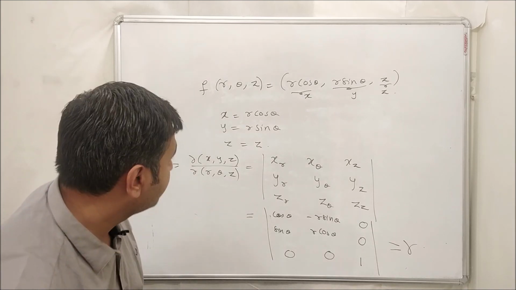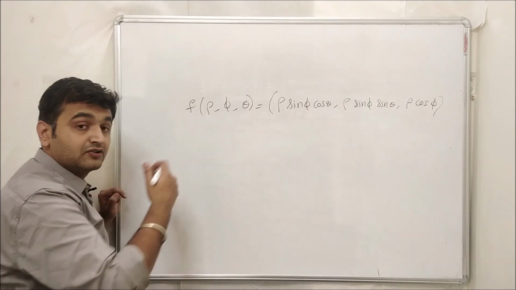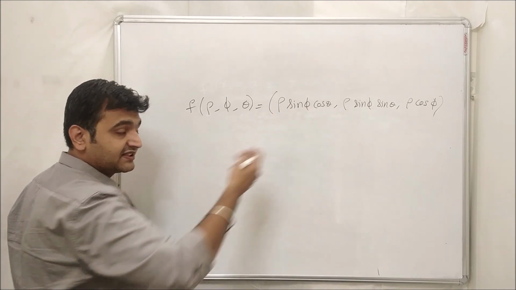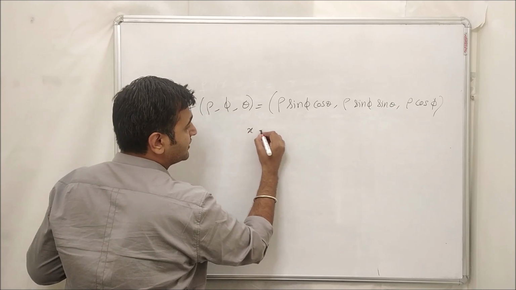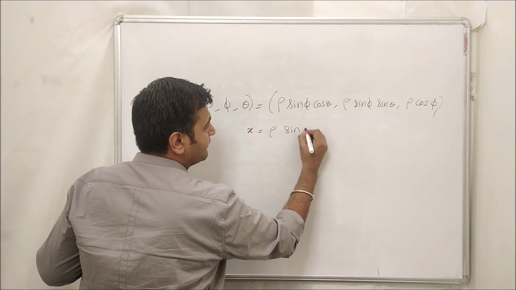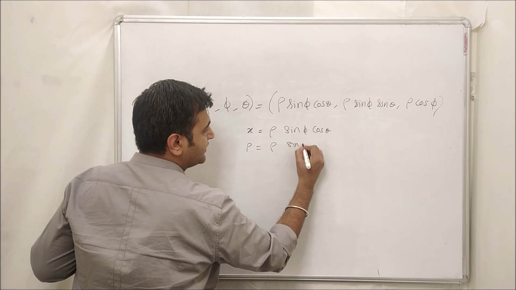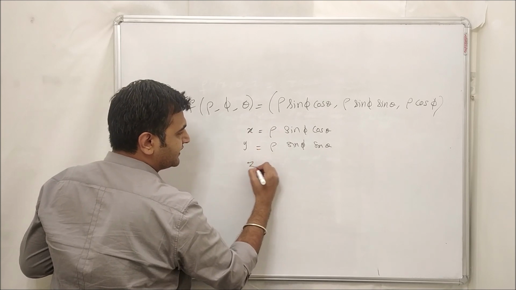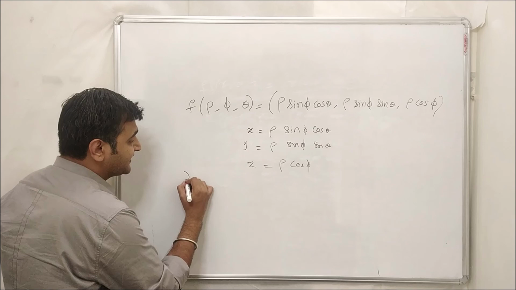Okay, and the final one is the Jacobian for the spherical coordinates. So these were your spherical coordinates, if you recall. So f is a function from 3-dimensional space to 3-dimensional space. This is what you call your x: x was rho sin phi cos theta, y was rho sin phi sin theta, and z was rho cos phi. So what would be the Jacobian?